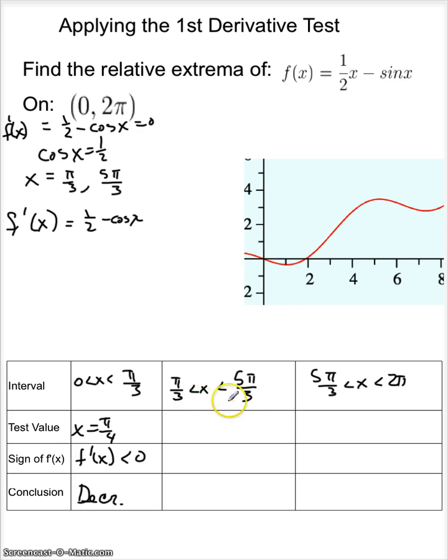Now, between pi over 3 and 5 pi over 3, let's just pick a value of x equal to pi. Now, when you plug cosine of pi in, you get -1, so minus that plus 1/2 is 1.5. So f prime of x, in this case, is positive, and so it's increasing.